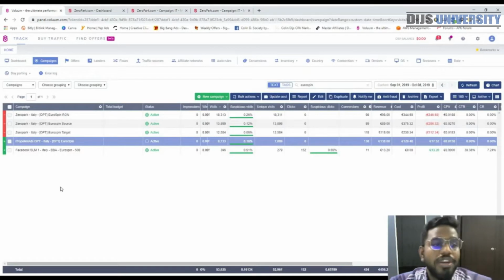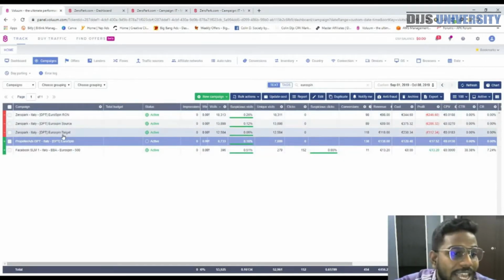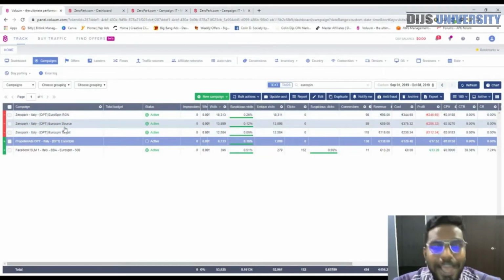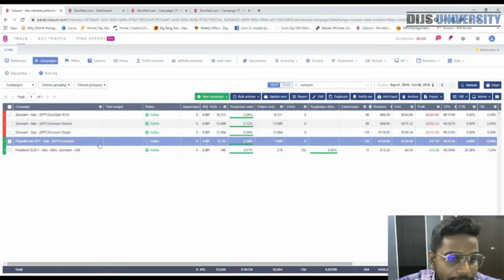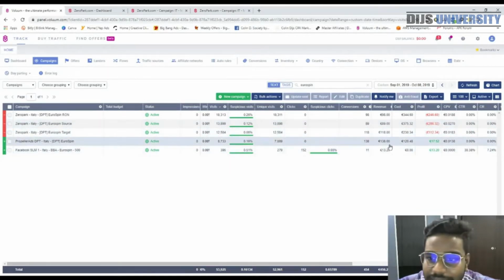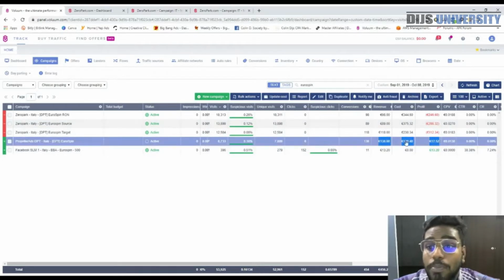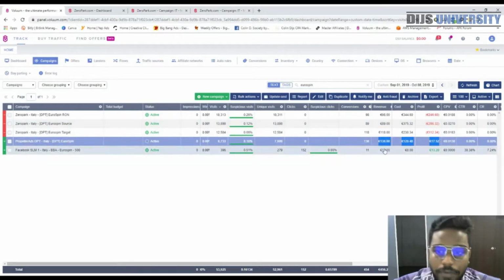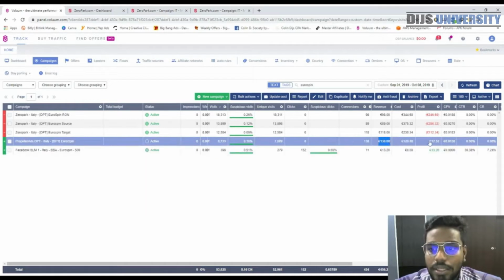So in Volume over here we have 4 campaigns of the same type. As you can see, this was Propeller Ads, a testing campaign, and this testing campaign was a profitable campaign. We made a revenue of 138 euros, where it cost us around 121, guys.